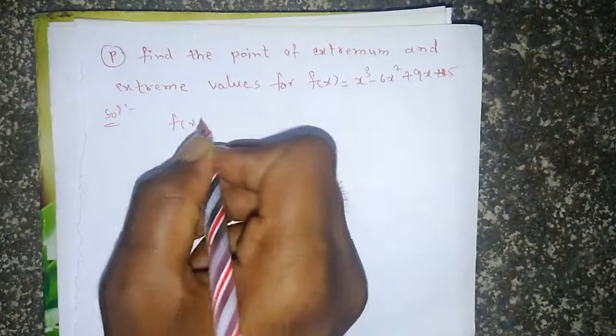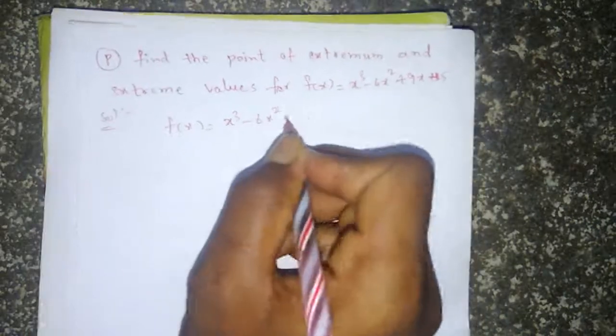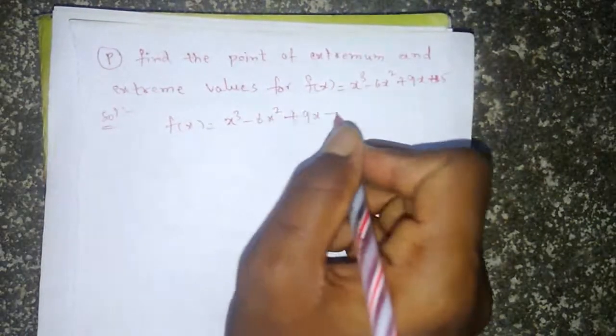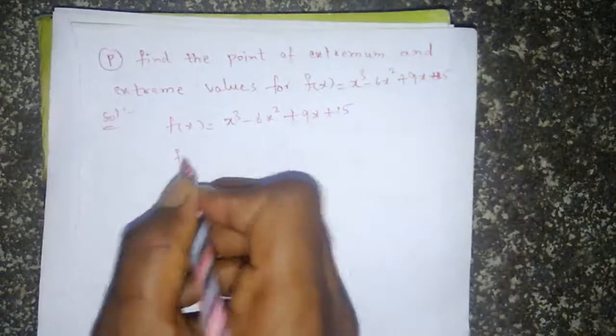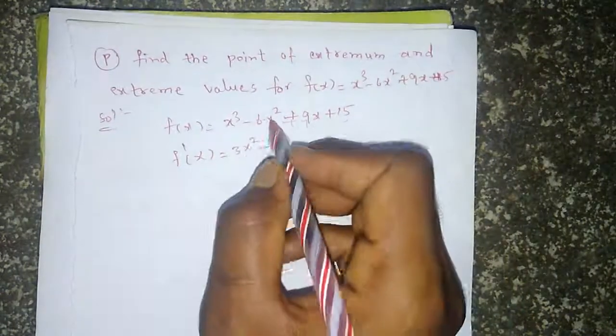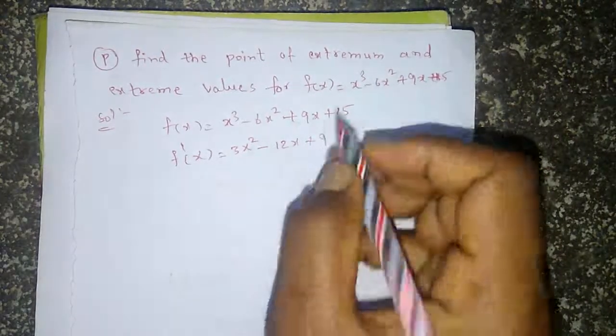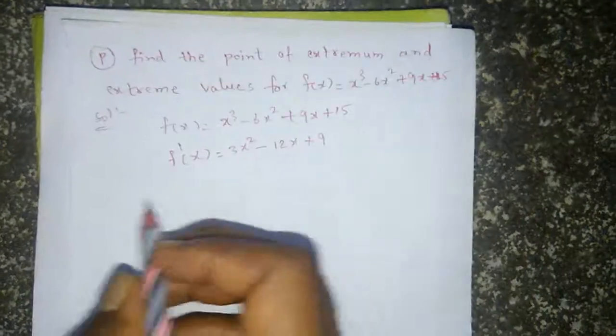Here, given f of x is equal to x cube minus 6x square plus 9x plus 15. First find f dash of x, that is derivative. F dash of x is equal to 3x square minus 6 into 2x is 12x plus 9 into derivative of x is 1, derivative of 15 is 0.